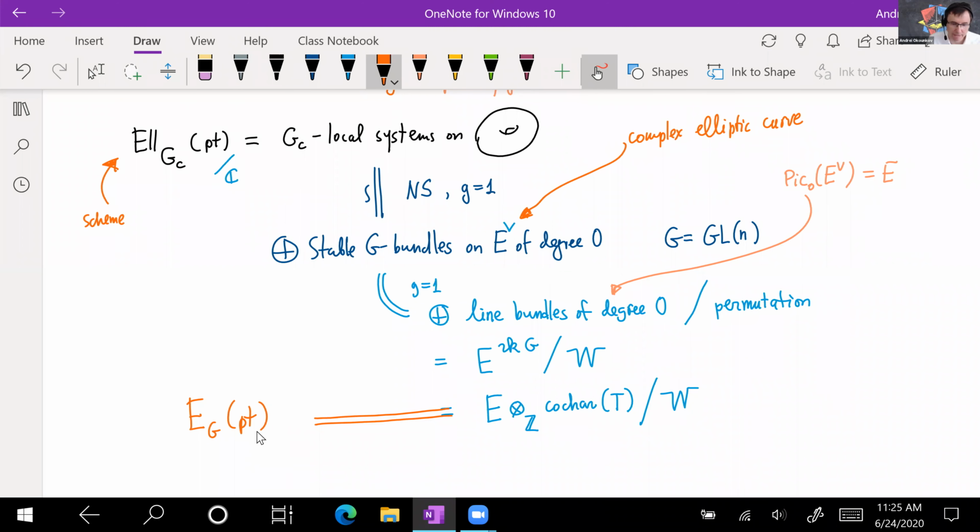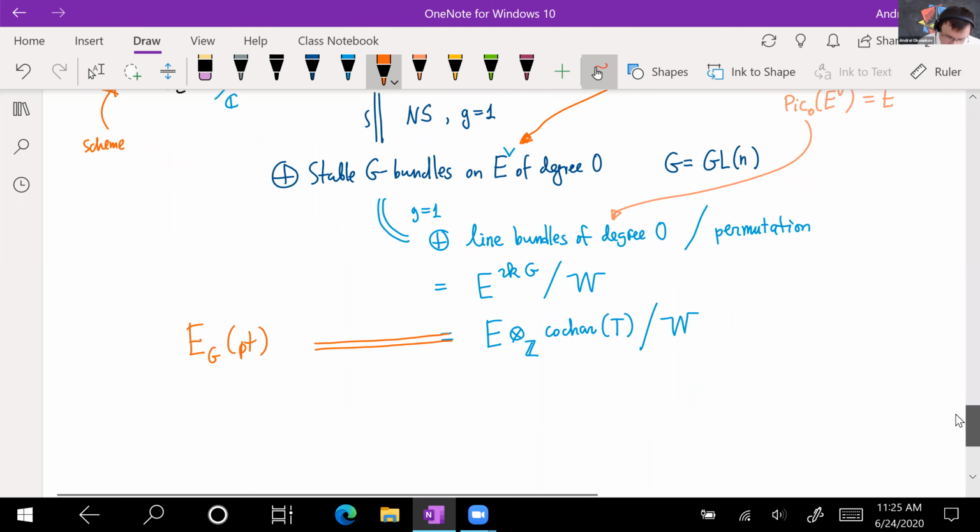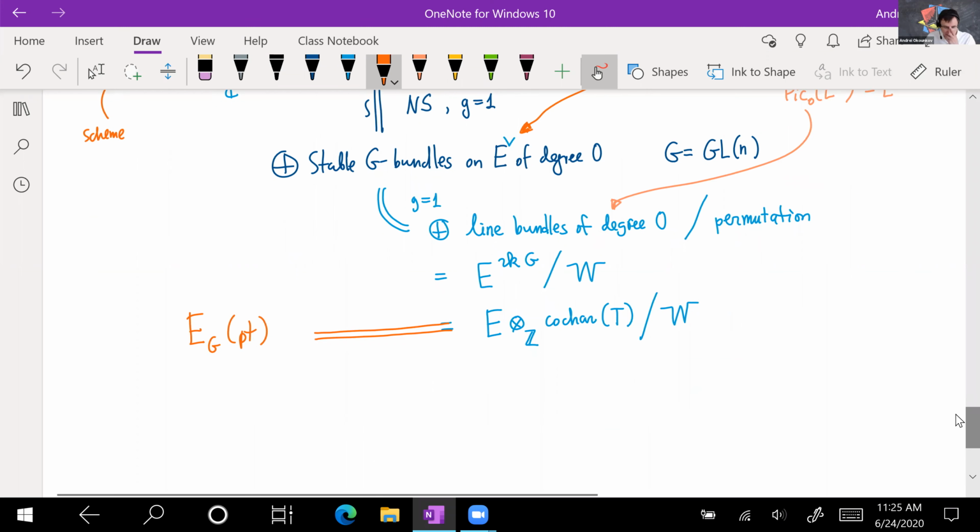Okay. And so then it's clear that various subgroups, since we define this to be something that has to do with G bundles on some variety, naturally define subvarieties, right? That's clear?